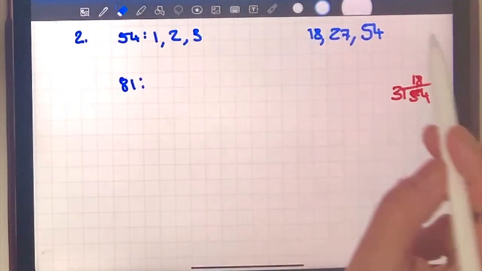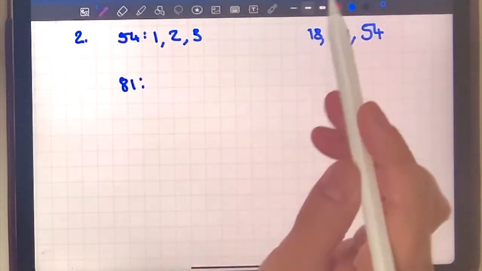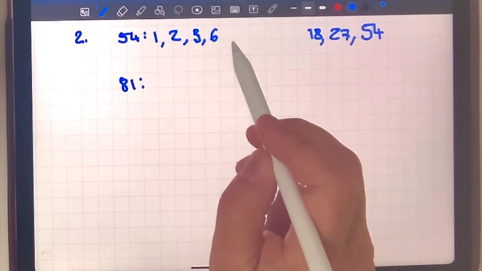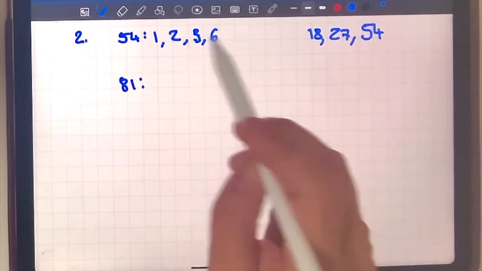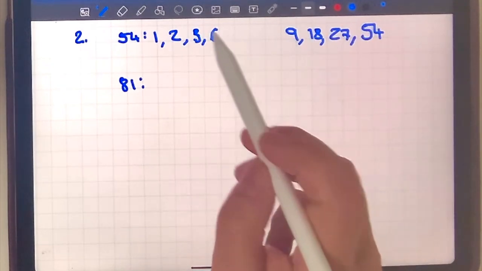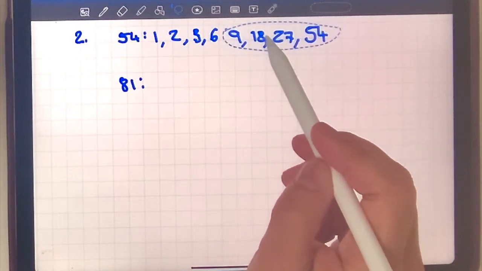Okay, so you can always do that even as a mental strategy. Okay, my next factor is 6, and 6 goes into 54 9 times. And that's it. I have no other factors, so I'm going to bring that closer.